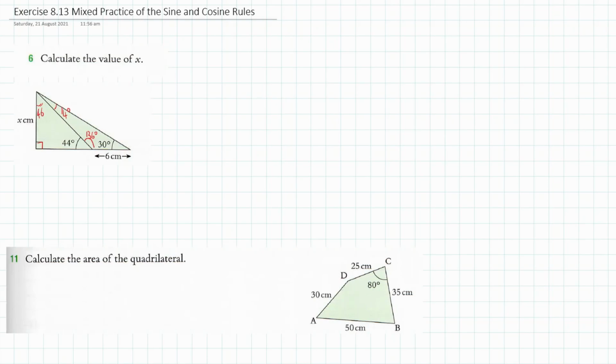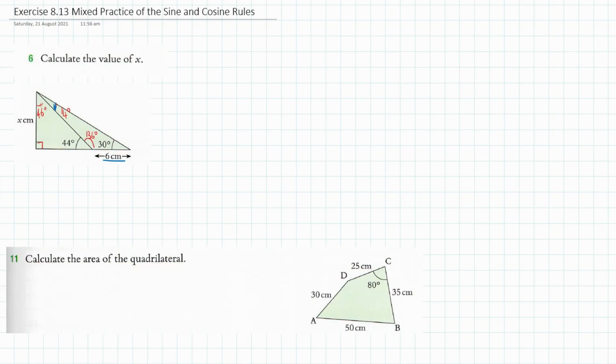Okay, now I'm going to focus my attention first of all on this triangle here. That's what I'm going to look at first. So when I look at that, I can see that I can use the sine rule. I know this side here, and I know this angle here, which are opposite.